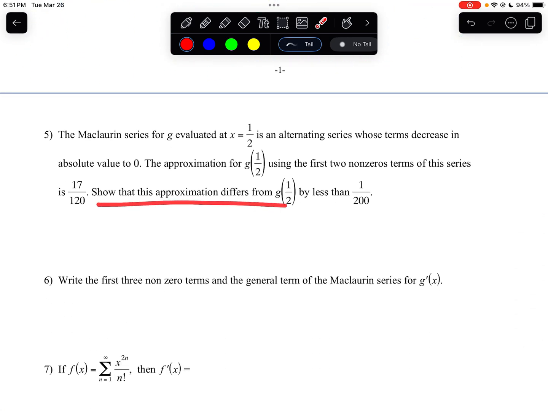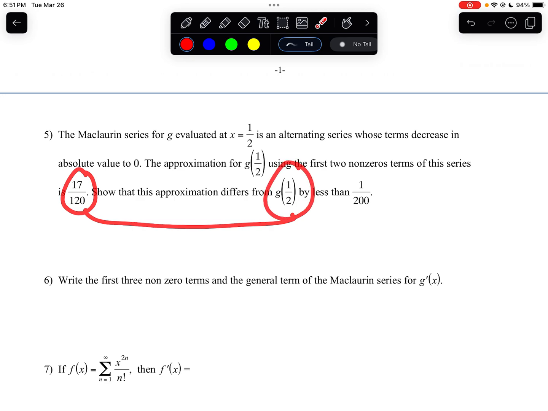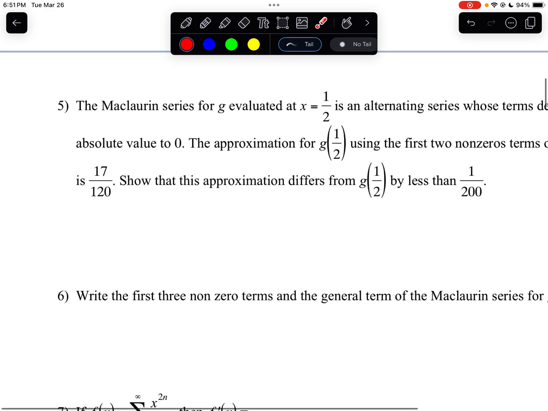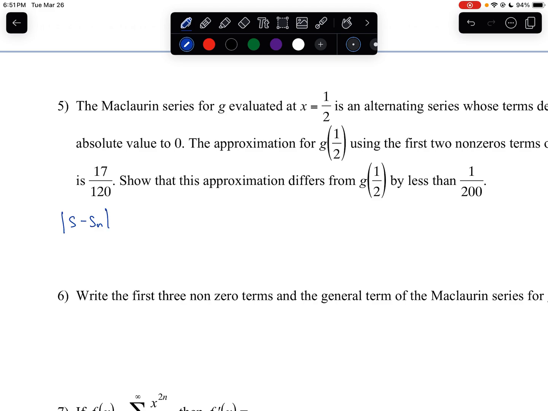Show that the approximation differs from g of 1 half, so the difference between this and the actual value of g of 1 half, we want to show that that's going to be less than 1 over 200. You should be thinking alternating series error bound, which says that if you take the sum and subtract your nth partial sum, this error has to be less than the n plus 1 term.